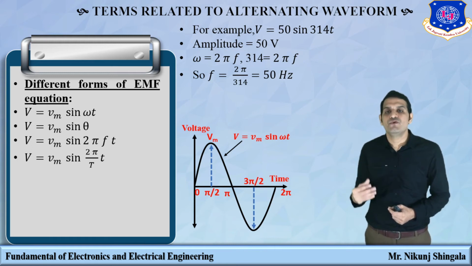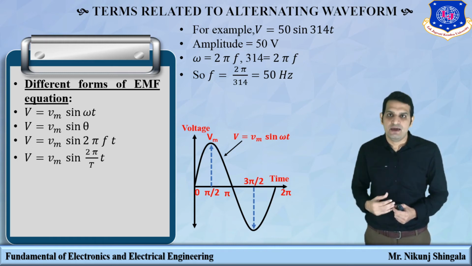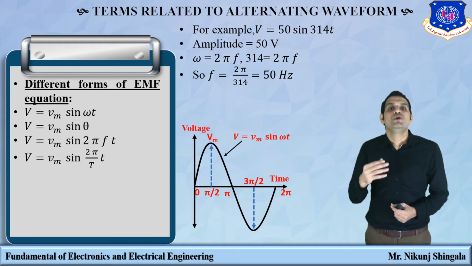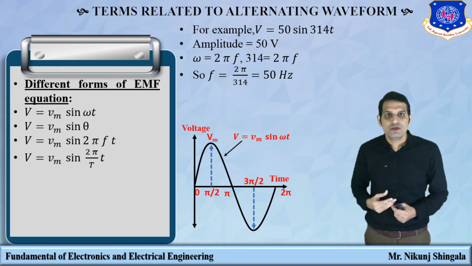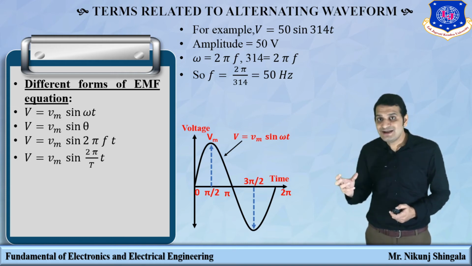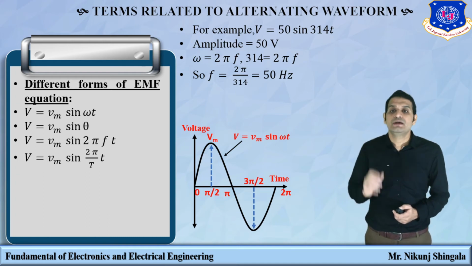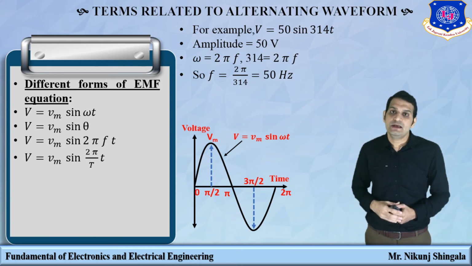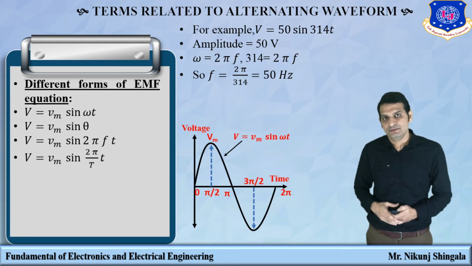So 314 is equal to 2 pi f, so f is equal to 314 by 2 pi. So we get frequency equal to 50 hertz. This is the way to find the amplitude and frequency from the given expression of alternating voltage or current.